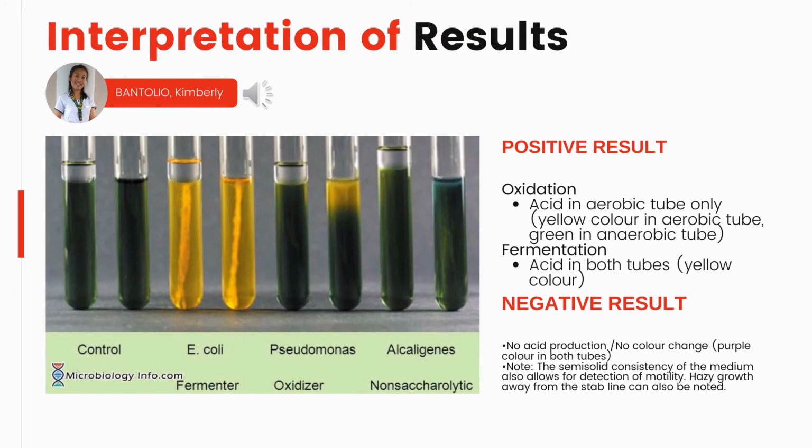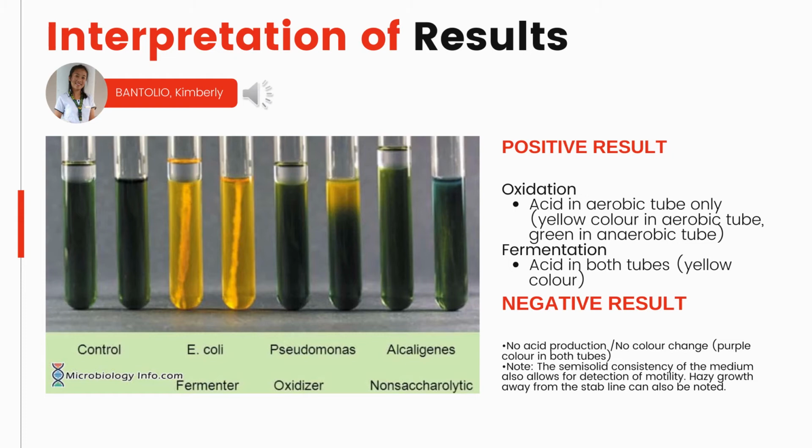For the gram-positive cocci reactions, the positive result of oxidation is acid in the aerobic tube only, yellow color in the aerobic tube, purple in the anaerobic tube. In fermentation, acid in both tubes, same as gram-negative, has only yellow color.